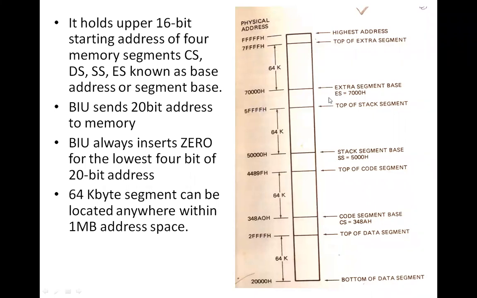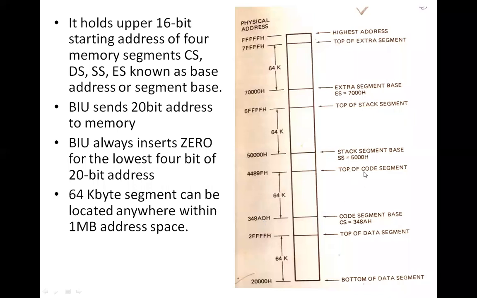Now here you can see that we have memory locations, and the memory has been divided into different segments. This is the stack segment of 64 kilobyte. This is the code segment of 64 kilobyte. And if the code segment register contains 348A, it means the starting address of the code segment will be 348A0.